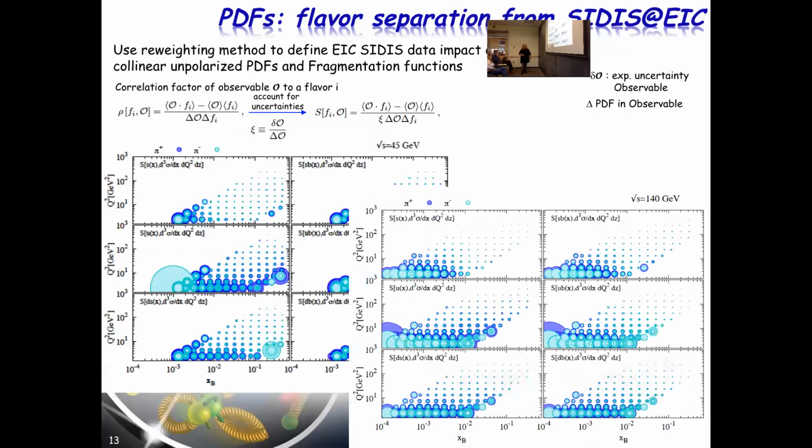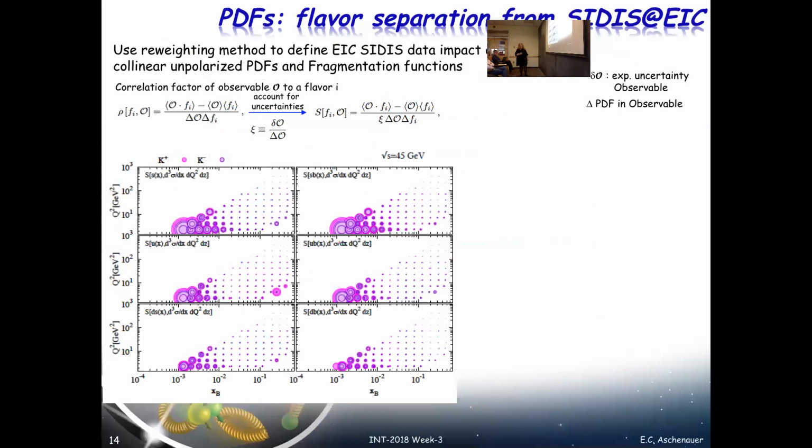Then we do the same thing at 140 GeV, and you see that the kinematic region moves, and the region where you get constraints becomes larger, because you have a bigger Q squared lever arm to fit it.